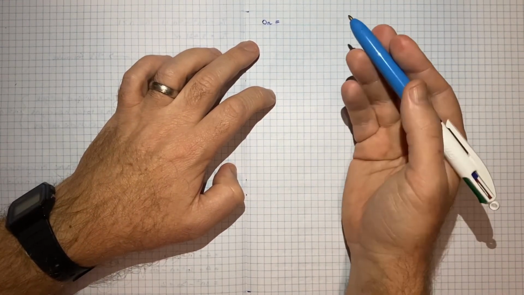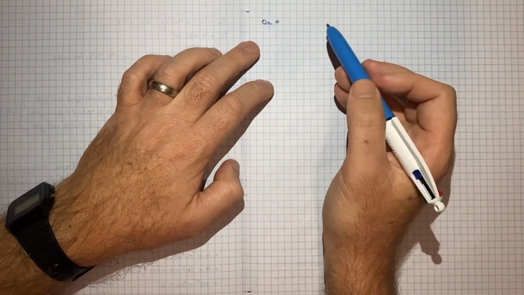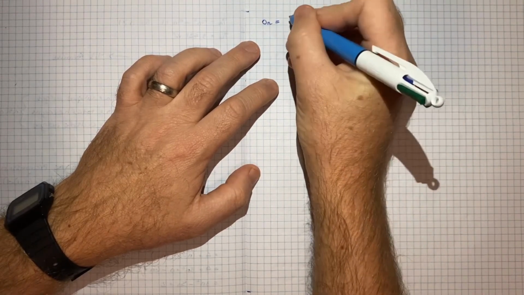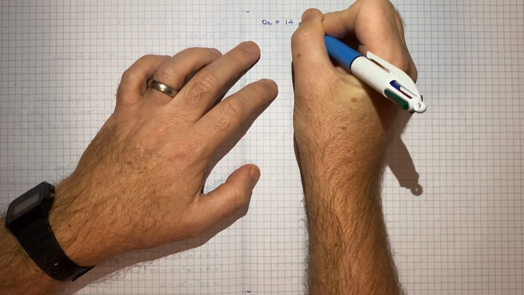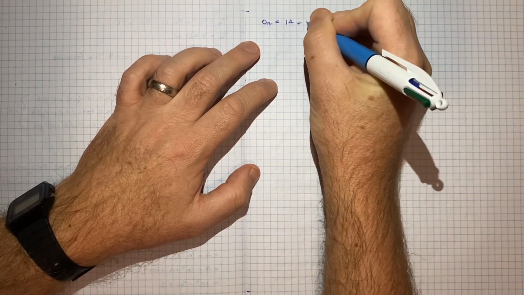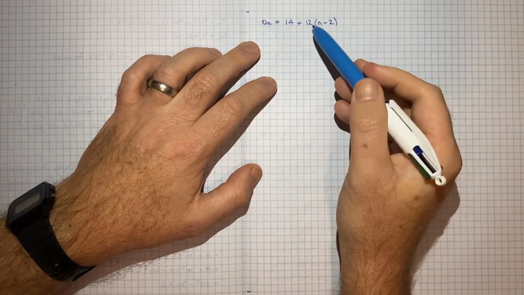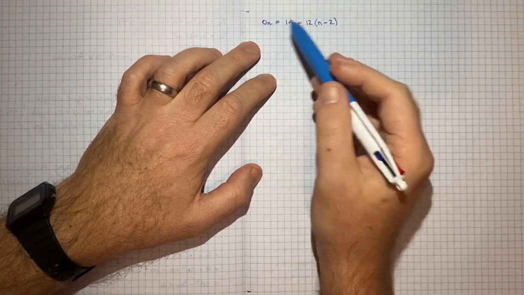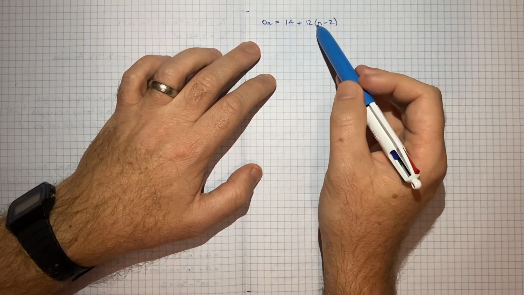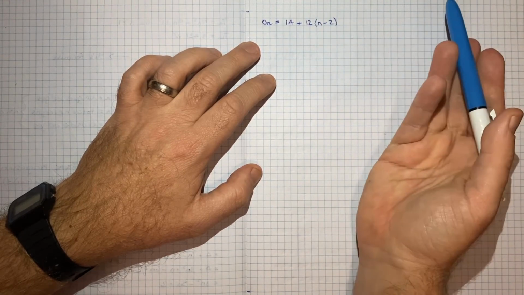The pattern I noticed is that at any expansion, the outside edges was always going to be equal to 14 plus 12 times n minus 2. So at expansion 20, the number of outside edges would be 14 plus 12 times 20 minus 2, which is 18.